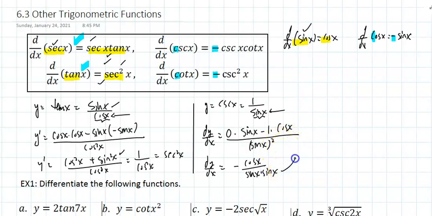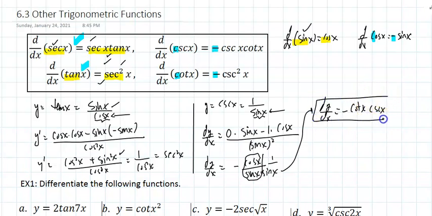And if I look at those, cosine over sine is the cotangent of x, and 1 over the sine is the cosecant of x. And there it is.